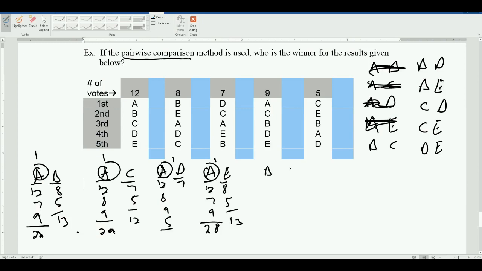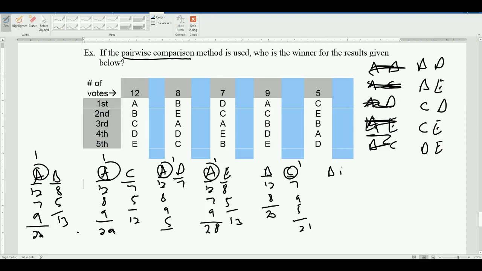Now let's do B versus C. B wins those 12, B wins those 8. C wins those 7, C wins those 9, and C wins those 5. So that's 20 and 21. Ooh, that's a close one. C wins, so C gets a point.